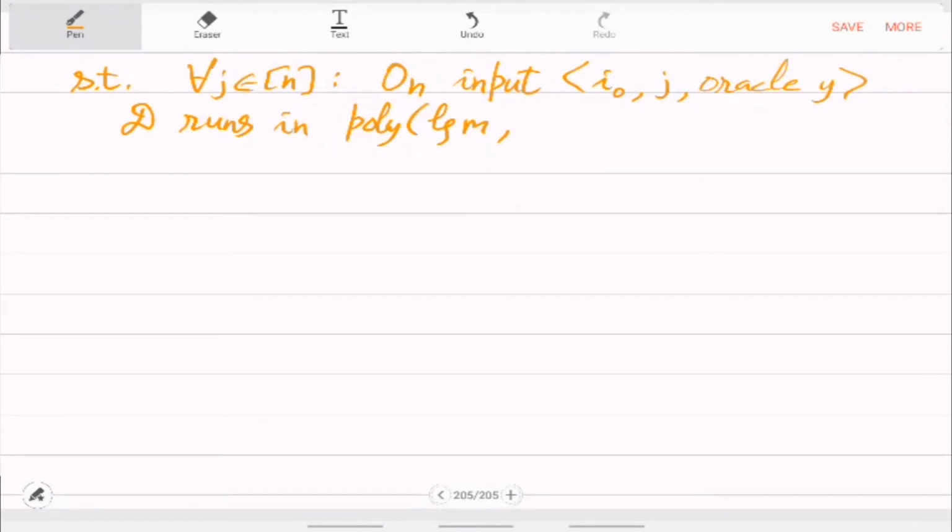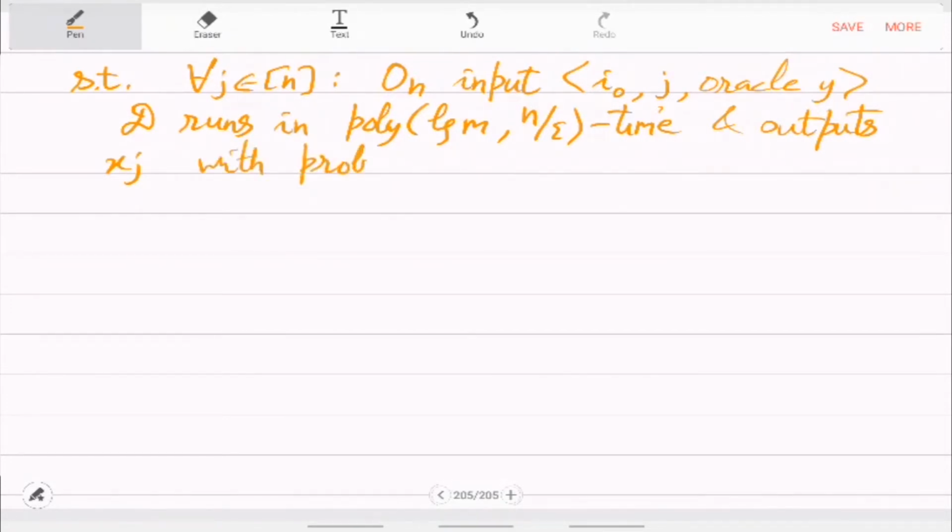So log m for an m length corrupted codeword, log m time, and also depends on n over epsilon. If you are very close to half, epsilon is 0, then this is not possible, but just below half it is possible, this much time. So D runs in this much time and outputs x_j with probability 2/3.